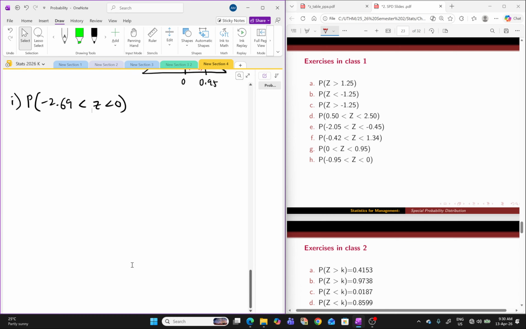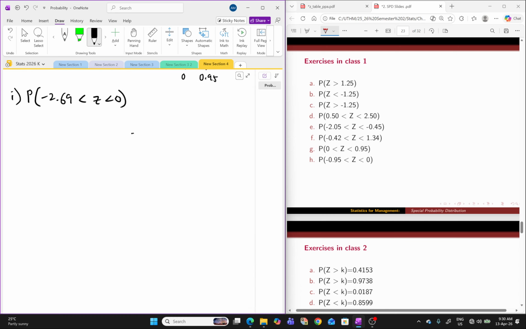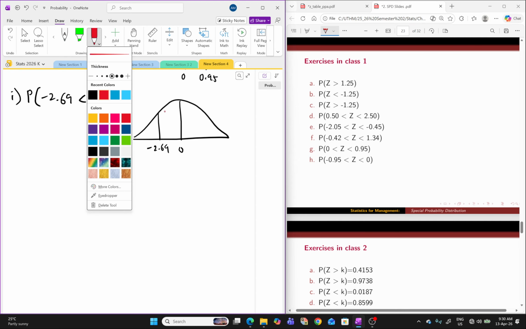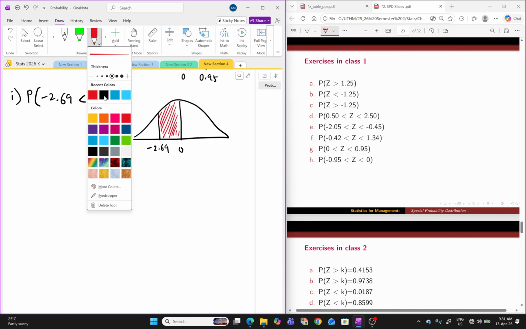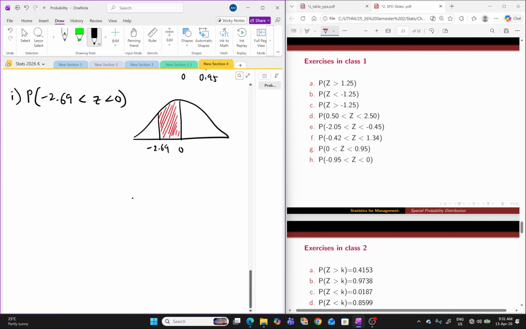So if you do this, this is the shaded part you need, and then it's the negative part.